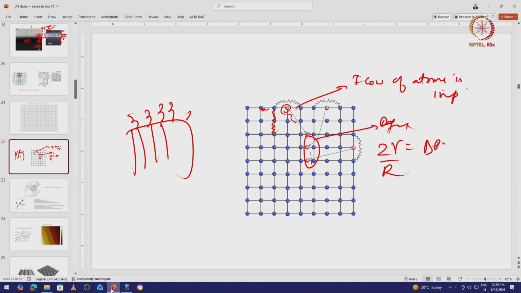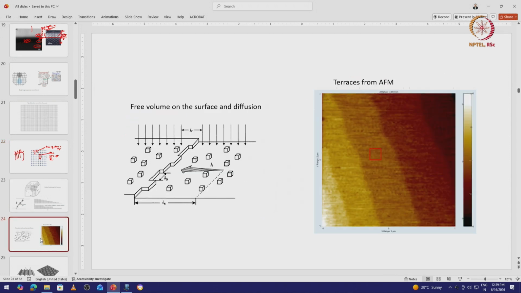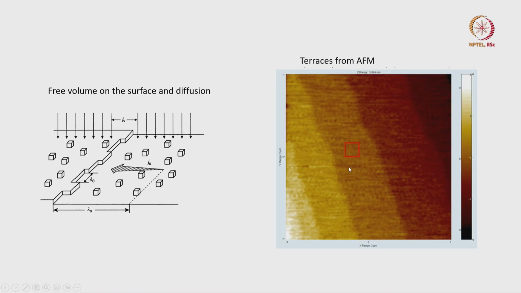Now why are these terraces, okay, let me quickly show you. So for example, if I do an AFM image, you can see it here. On a surface which is well grown, well treated and other things, you can see the color contrast, AFM gives me a height contrast, and these are the terraces, right.